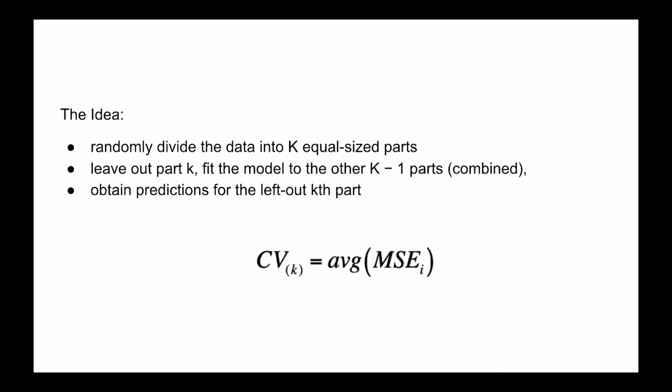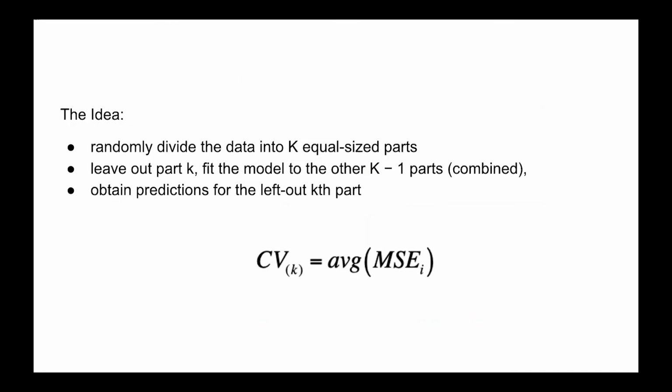The idea is that you randomly divide the data into k equal-sized parts. Each time you leave out one part and fit the model to the other k-1 parts. Then you get the predictions for the left out kth part, which is your test data set each time.